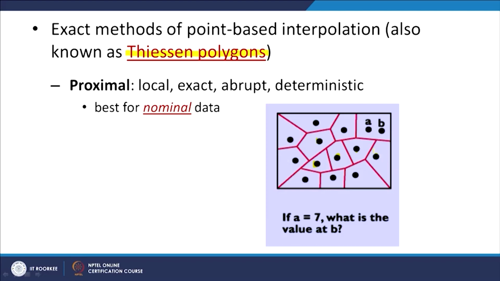Thyssen was a mathematician, so it is called the Thyssen polygon. But it is proximal, that means it is local, exact, abrupt and deterministic. Abrupt why? Because here you have very sharp boundaries against each polygon. And if you have nominal data, generally in the form of some numeric value, then you can use the Thyssen polygon. On other data sets also, but nowadays it is not common at all.